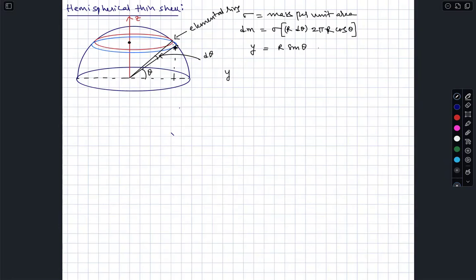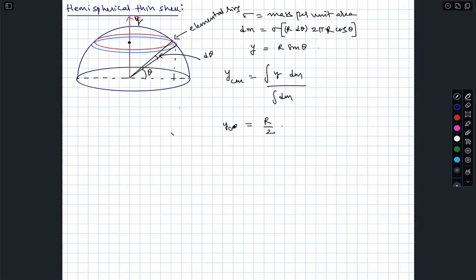So earlier I said let us take it as the y axis. So YCM is integral y dm by integral dm. Okay. So by substitution, you will get this as simply r, right?